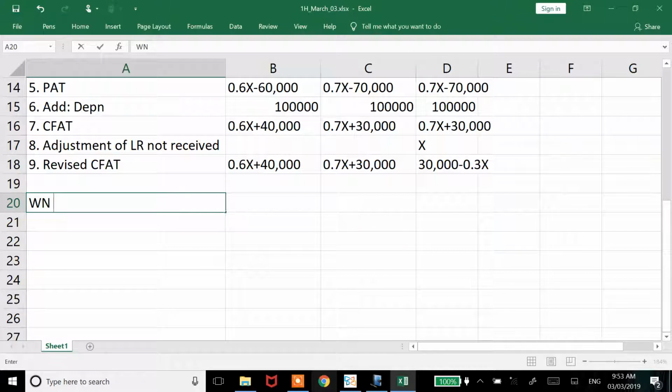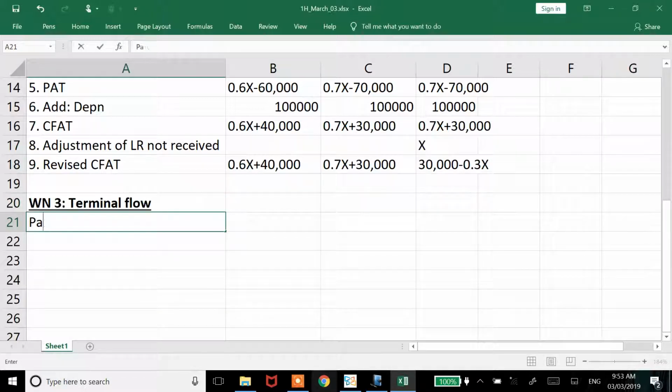Working note 3, terminal flow. Particulars and amount.